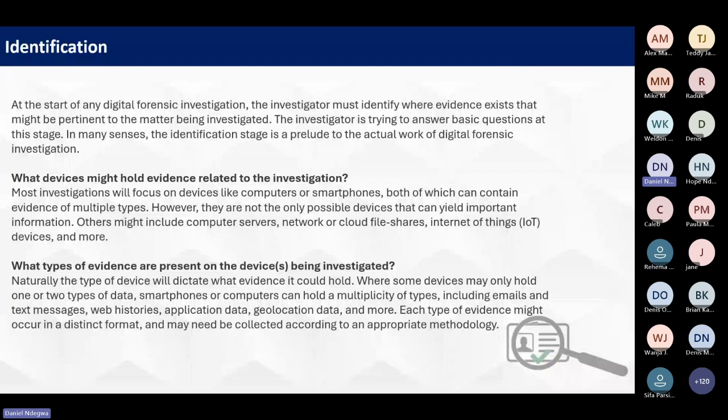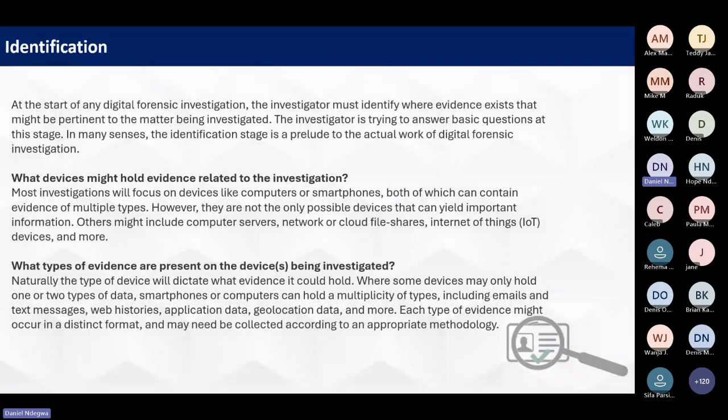That is one. And then, what types of evidence are present on the devices being investigated? That is also very, very important to know: the data that is stored on each device and what you're looking for, depending on the type of incident that you're trying to investigate.